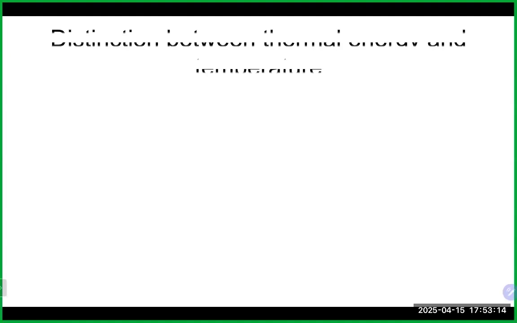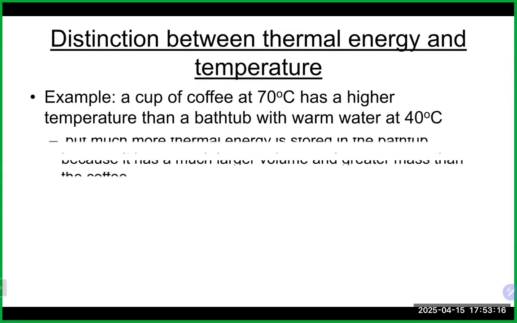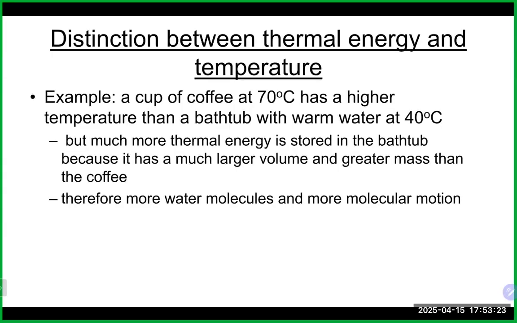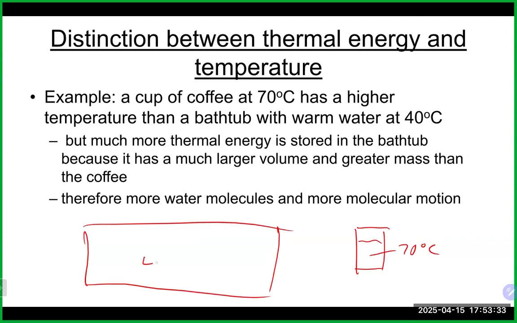To illustrate the distinction between thermal energy and temperature, if we took, for example, a cup of coffee that is at 70 degrees Celsius, and a bathtub of water that's at 40 degrees Celsius, the bathtub of water has a lot more thermal energy than the cup of coffee, even though the cup of coffee has a higher temperature.